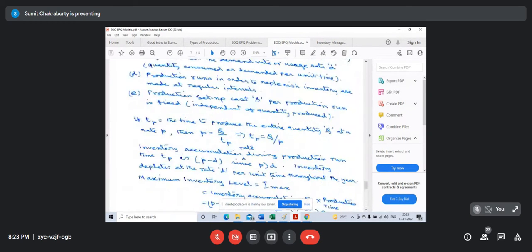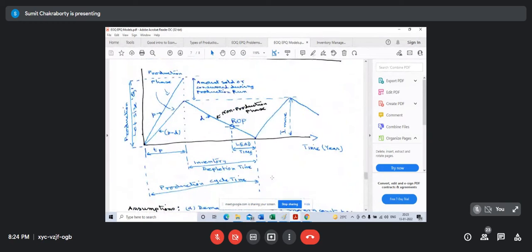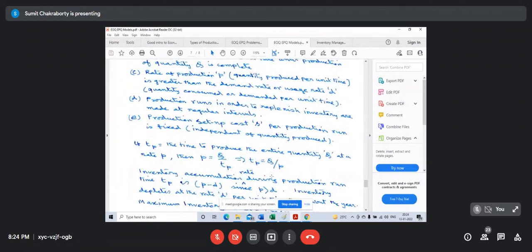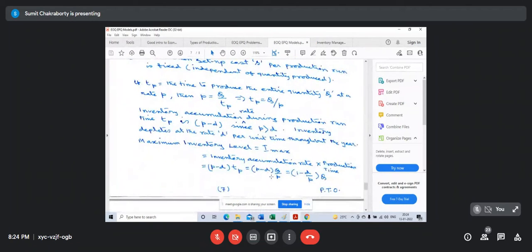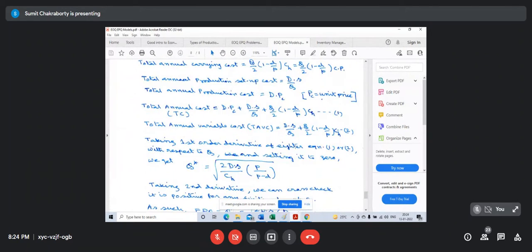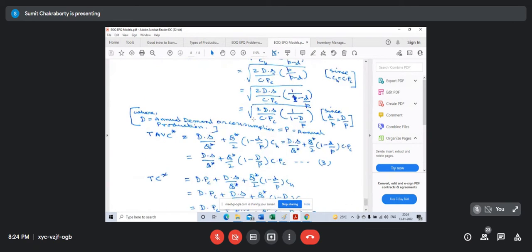You look at the notations: small d, small p, capital D, capital P, PC, Q, ROP, lead time is setup time, setup cost S, small tp equals Q by p, DS by Q. First, you find out this one: square root of 2DS by CH multiplied by, not this one, this one, capital D, capital P, because the daily rate is not given.